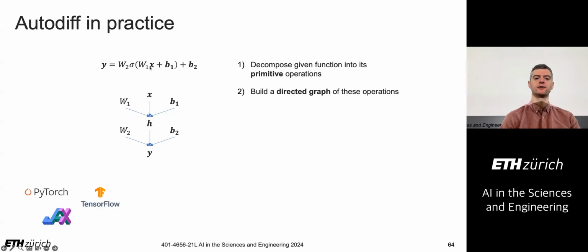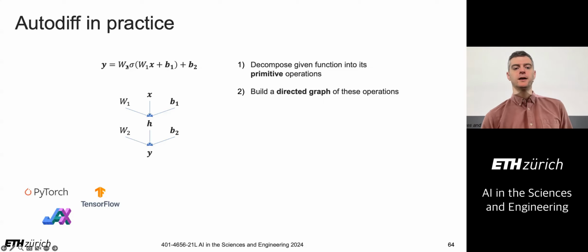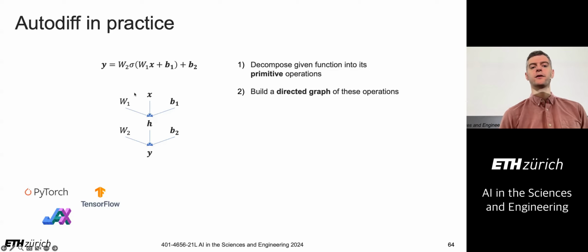So we define the additions, the multiplications, the activations, etc. And so what libraries like PyTorch or TensorFlow do is they build what's called a directed graph of these operations. They lay out all of the inputs to the function and how they connect with each other to produce these hidden states and eventually output your Y value here.